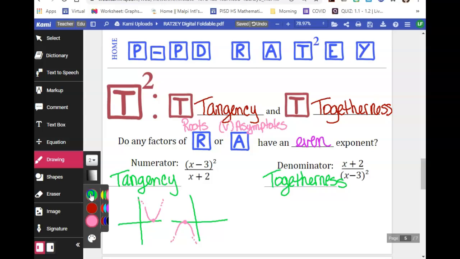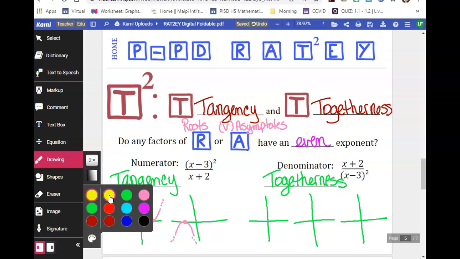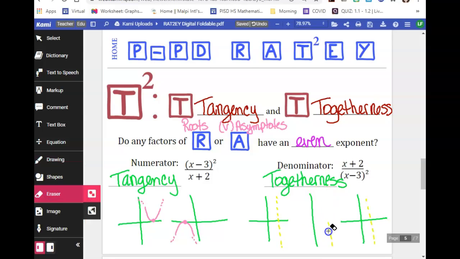Okay, my togetherness, we're going to draw 3 little x and y axes here. Togetherness has to do with the asymptotes. So we're also going to sketch in a vertical asymptote, like so. Actually, I am unhappy with this one, so let me.